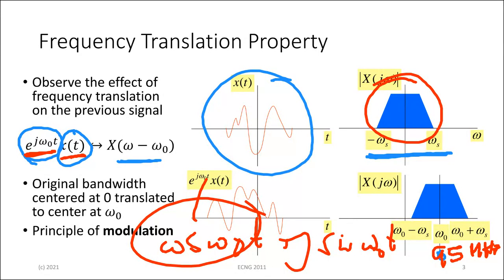In communication, you tune to the carrier frequency, which is the omega naught here, and you pick up the entire signal, you remove the carrier, and you're left with your original signal coming back.